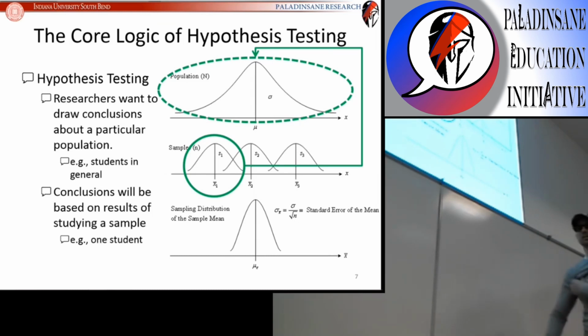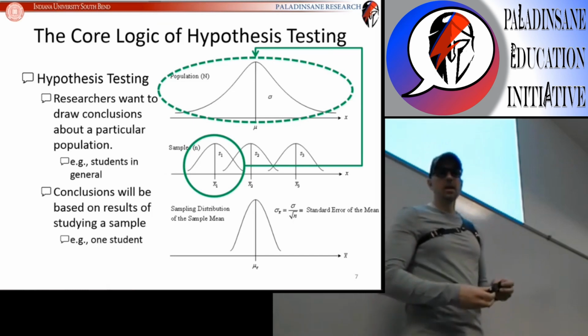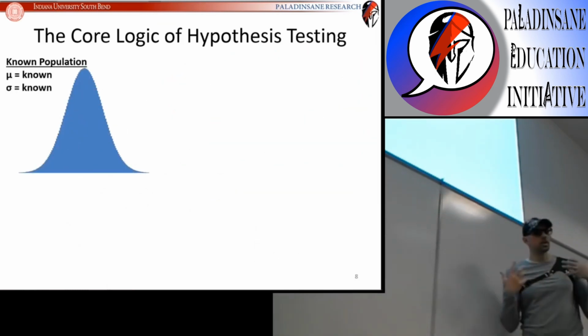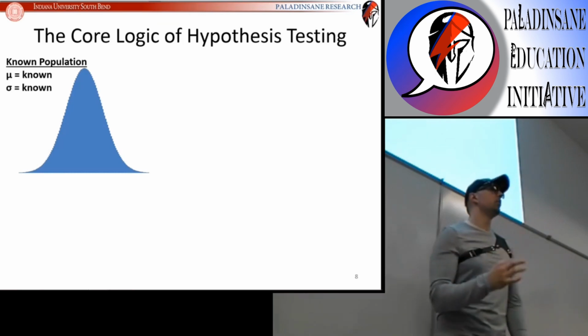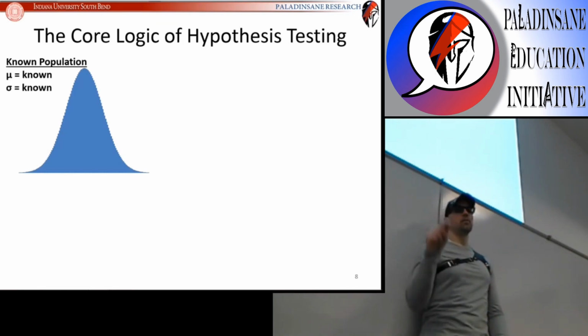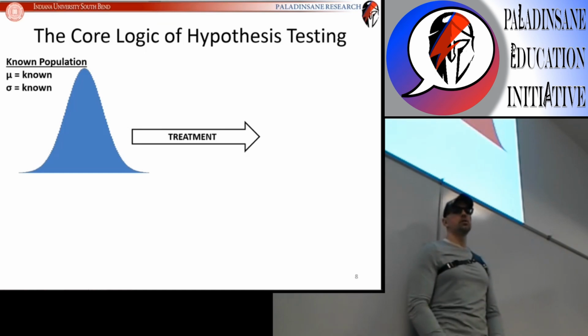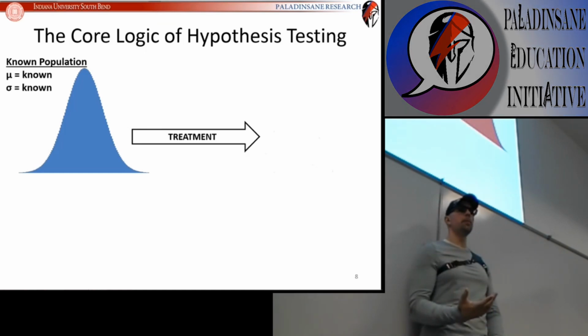So once again, the logic of hypothesis testing, the question we want to answer is, if we could apply a treatment to an entire population, what would that do? Would it change the population, in which case we end up with a new treated population?